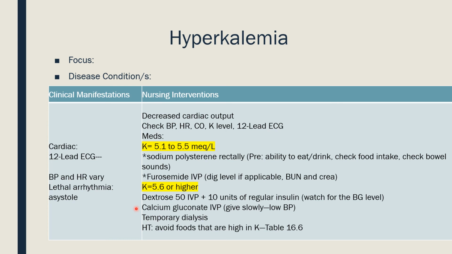Another thing is calcium gluconate. You can give that via IV push, but you want to make sure you give it slowly because it can drop the blood pressure. Temporary dialysis is also needed, because temporary dialysis can remove excess potassium. And you want to avoid foods that are high in potassium. Okay?